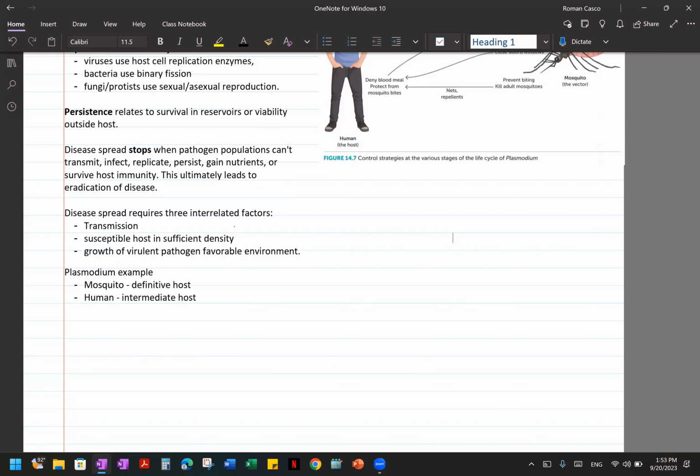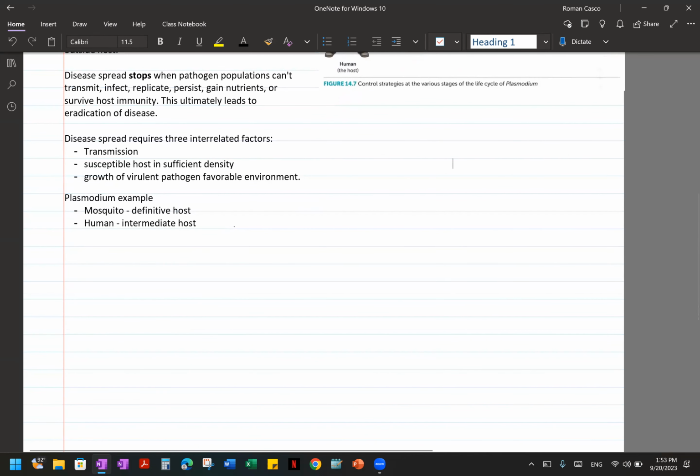What defines when you stop an organism? Basically, when it can't do the things I just explained. One way or another, one of these factors will stop: transmission, infection, replication, et cetera. Ultimately, the end goal is eradication of the disease.